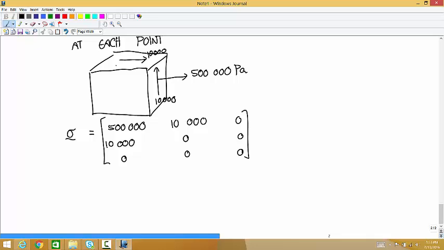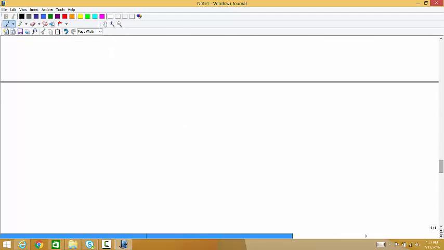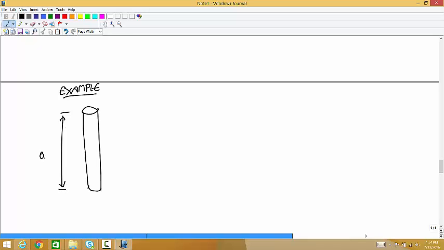Okay, so let's do an example that's in pure tension. So say you have a round cross section and this object has a length of 0.1 meters. The cross-sectional area has a radius of 0.01 meters.